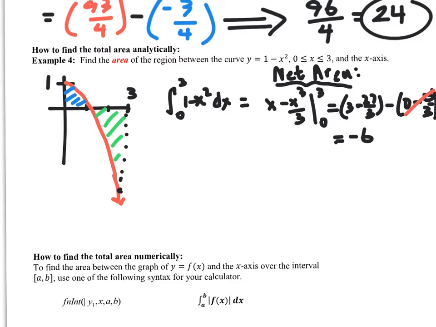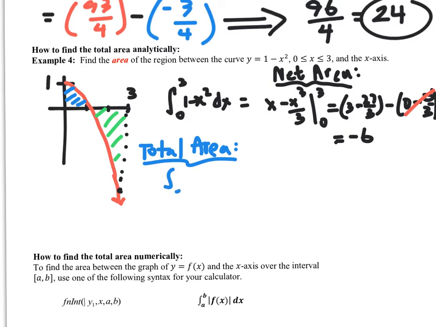Now I want to work total area. So let's work total area here in, let's go blue. So the total area will be the sum of the blue and the green areas. Okay, same thing. But what we want to do is we want to take the absolute value of the green area. We want to make that positive and add those two together.